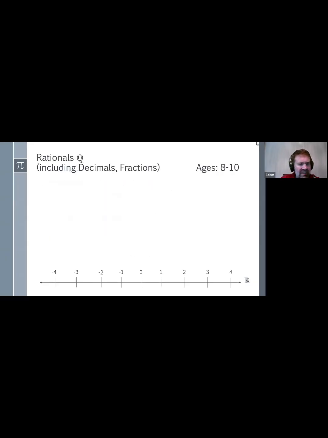The next 3 years, the kids go through decimals, fractions, and rationals. The idea of rationals has to do with what's in between the numbers.